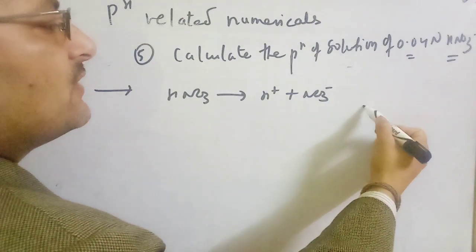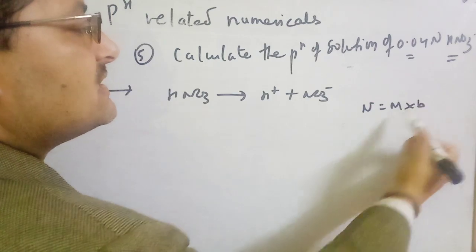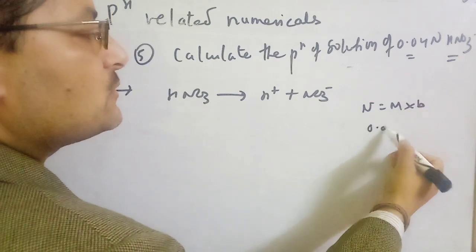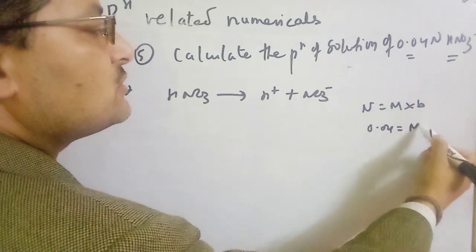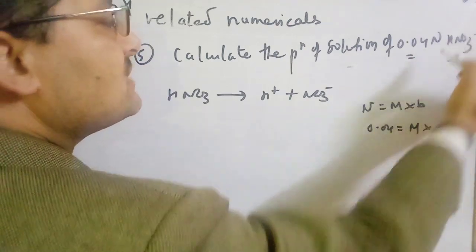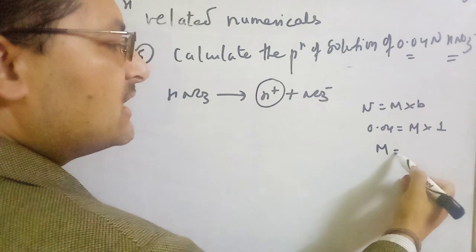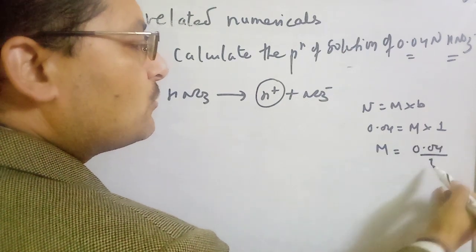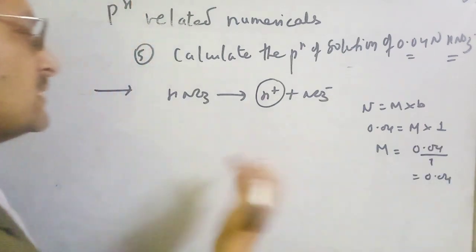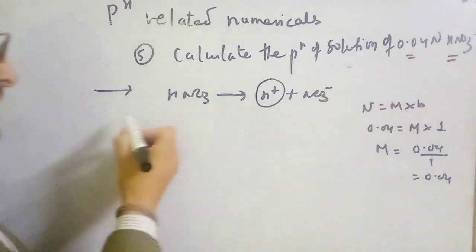So normality equals molarity into basicity. Normality we have is 0.04, and molarity we need to calculate. The basicity is 1 because HNO3 ionizes and gives only one H plus. Molarity equals 0.04 divided by 1, that is 0.04.